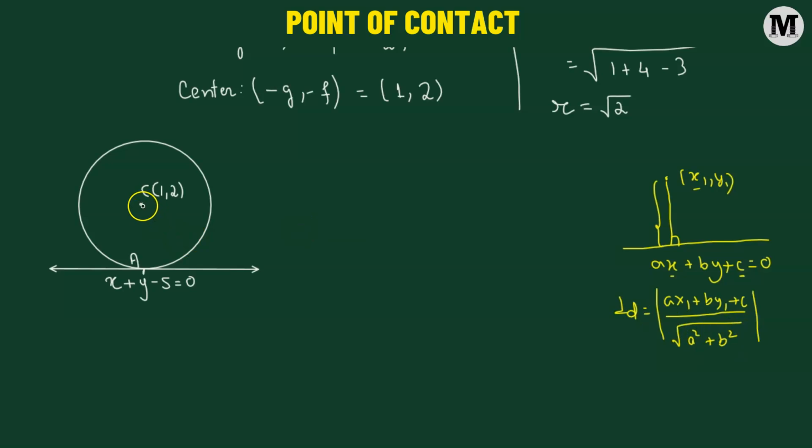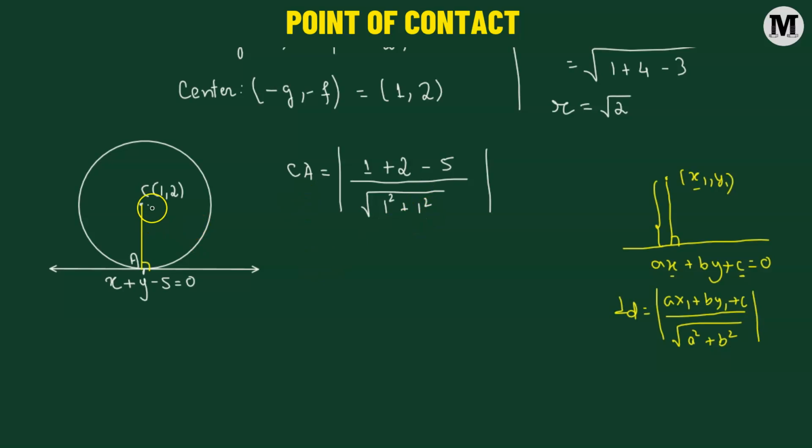Now in our case, if we join point C and point A, definitely CA is going to be perpendicular to this line. Then the distance CA, which is the perpendicular distance, will be given by, taking the absolute value, 1, which is the coefficient of x, multiplied by the x coordinate of C, so that's 1. Then the coefficient of y, which is 1, multiplied by the y coordinate of C, so that's positive 2. And then we add the constant term, negative 5, divided by the square root of the coefficient of x, that's 1, squared, plus the coefficient of y squared as well.